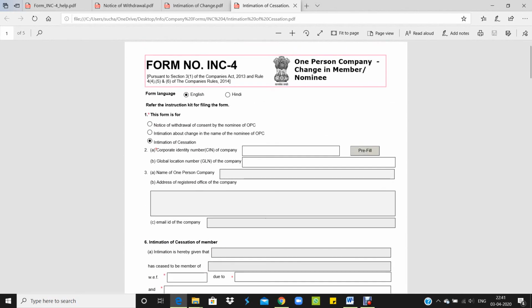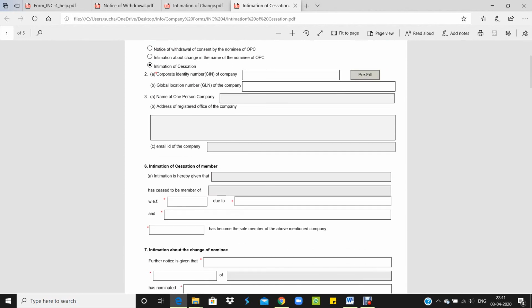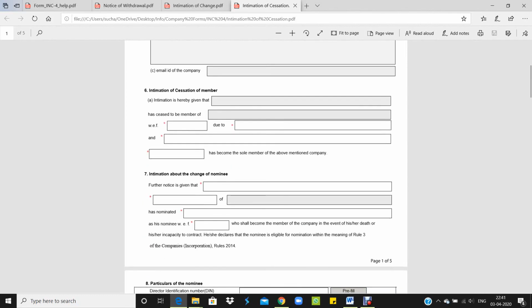Now here we have to give the SRN number, so all details will pop up. Then in the intimation of cessation of member, intimation is hereby given that the previous member, in the sense the old member's name, has to be entered, has ceased to be the member of the one person company with effect from the date of cessation.